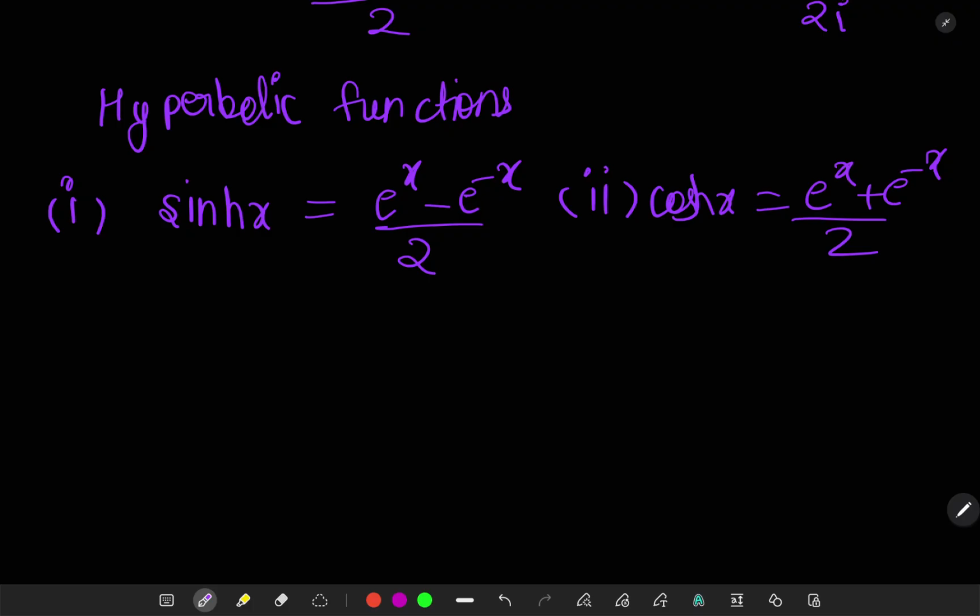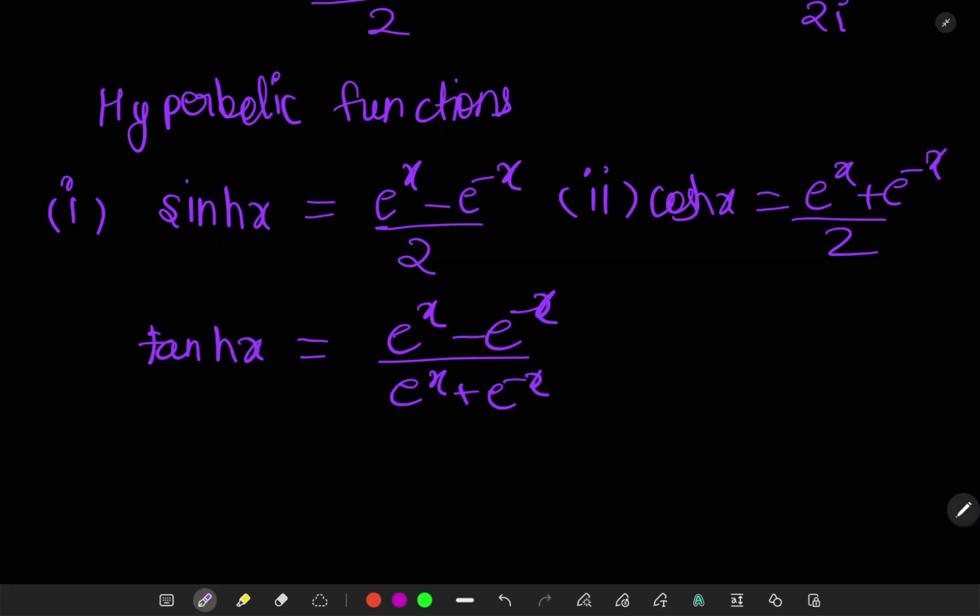Similarly, for tan hyperbolic, as we know tan x is equal to sin x divided by cos x, similarly this property also works for tan hyperbolic x. So we can write tan hyperbolic x is equal to this. And similarly, cot hyperbolic x is equal to the reciprocal of tan hyperbolic x. So we can write this.